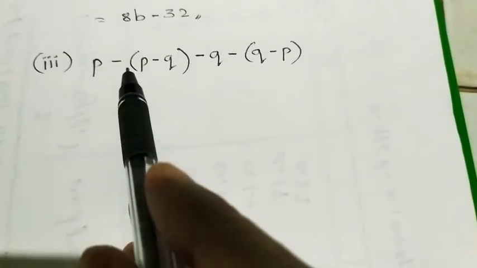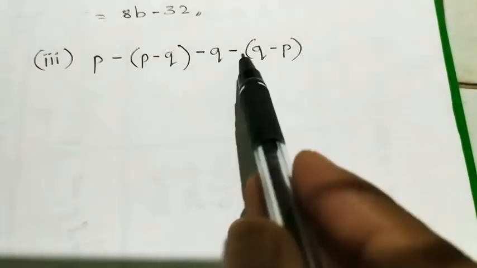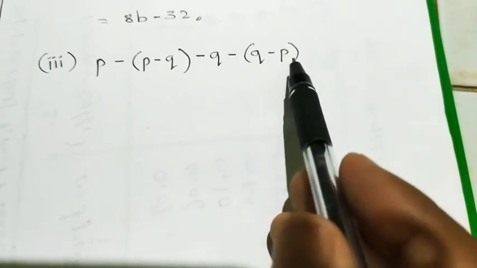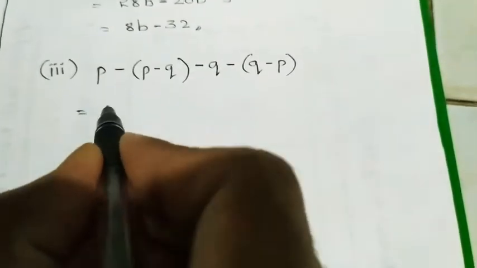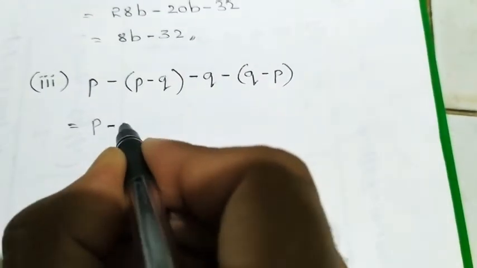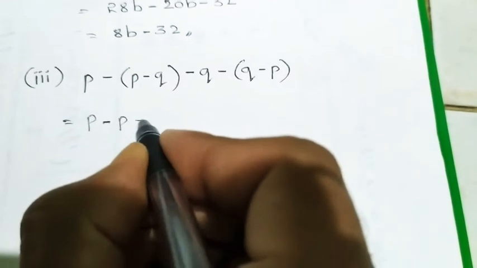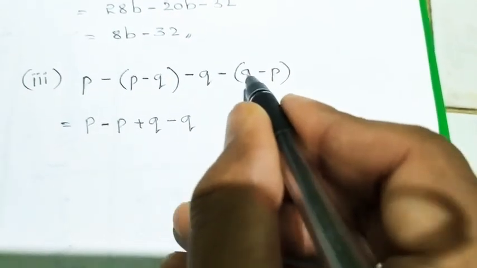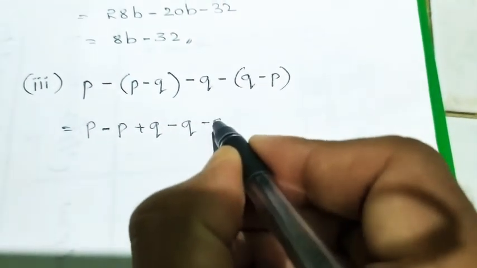Okay, p minus of (p minus q), minus of (q minus p). First open the bracket. p, minus into plus, it will be minus p. Minus into minus is plus q. Minus q, again here minus into q is minus q.